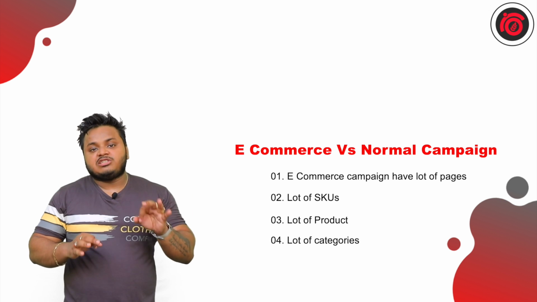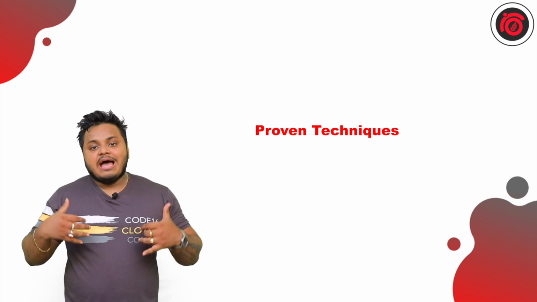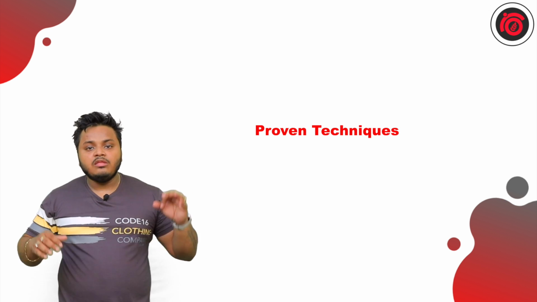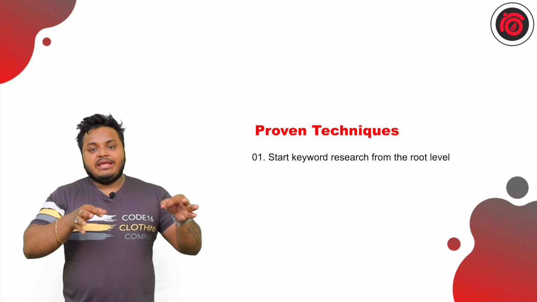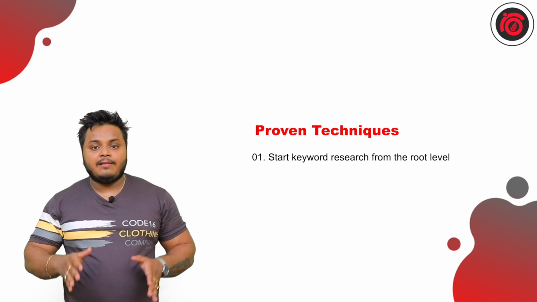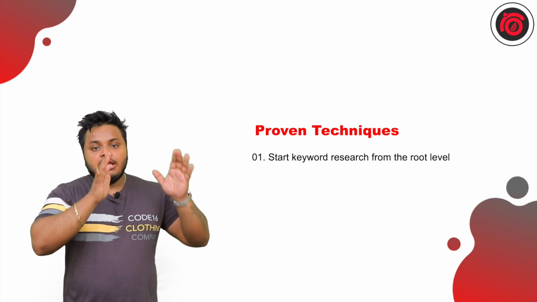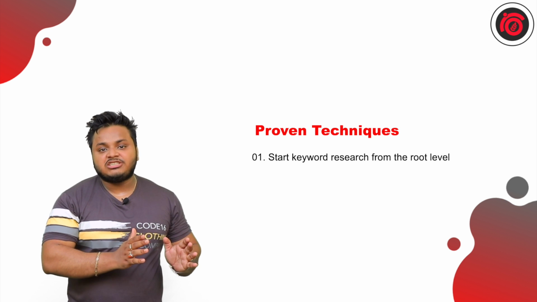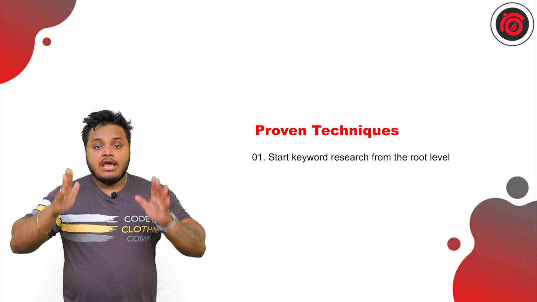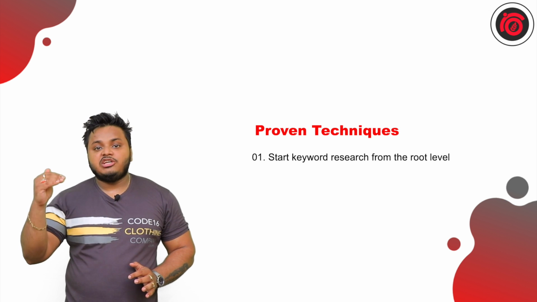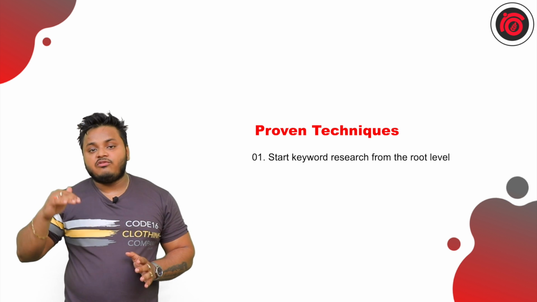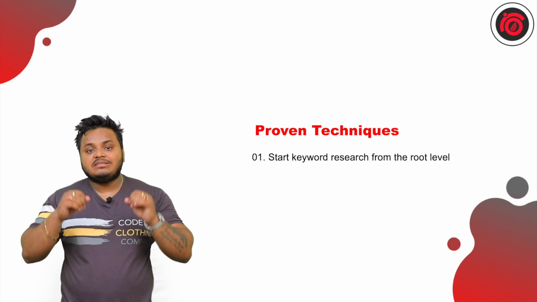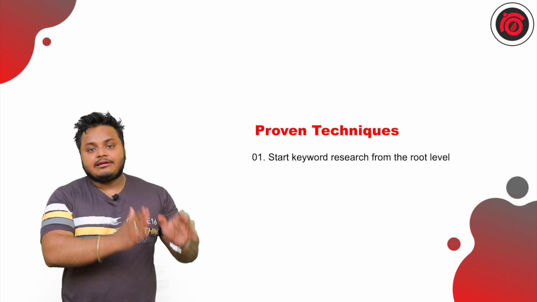So let us explore some of the proven ways that can help you achieve good results for your e-commerce campaign today. The very first thing is always start with keyword research from the root level. In short, for an e-commerce campaign, you need to have a diversification of keywords. For example, you need to choose an exact match keyword for boosting up against the competition. You need long tail keywords for increasing intent, and this is very important for the buyer's persona, because a buyer needs to be fully satisfied on their intent so that they can complete an action.